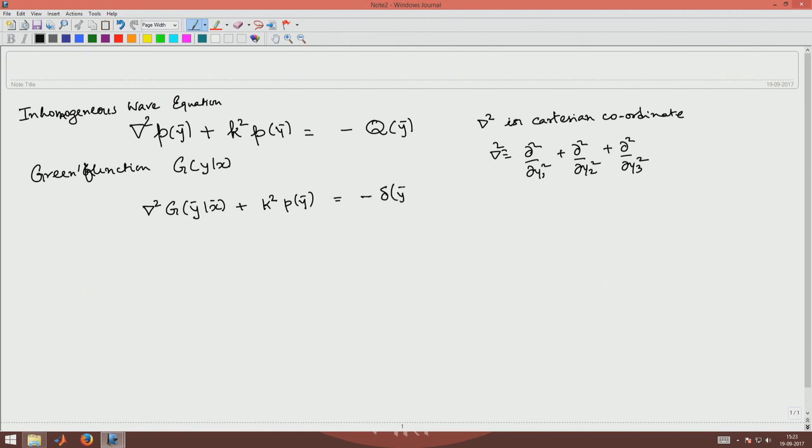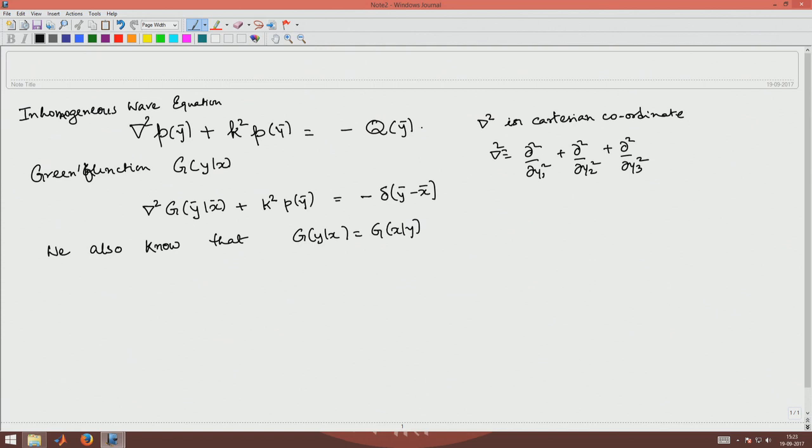So, minus delta y minus x, that is the definition of Green's function. We also know, by the reciprocity theorem, that Green's function has this reciprocal property: g of y comma x is the same as g of x comma y. That is, if you interchange the source and receiver location in any domain, whether unbounded or bounded, you are not going to affect anything; the formula remains just the same.